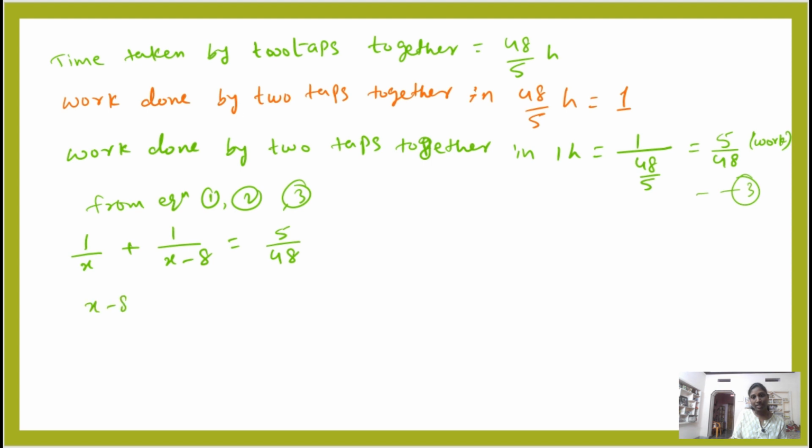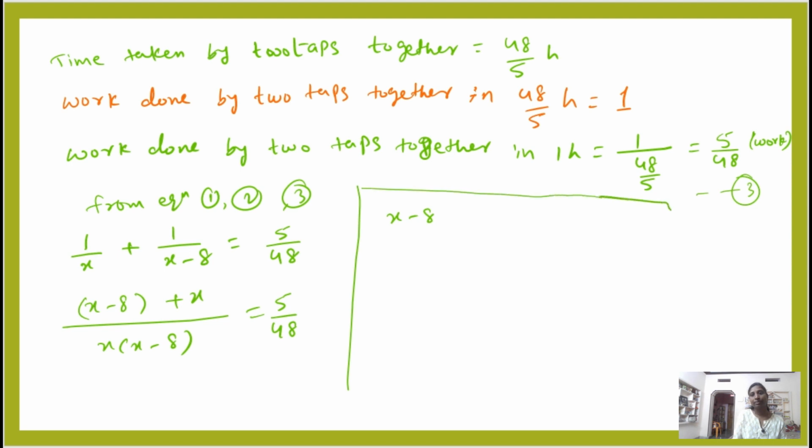So x minus 8 plus x by x into x minus 8 is equal to 5 by 48. Okay. So here x minus 8 plus x by x square minus 8x is equal to 5 by 48.